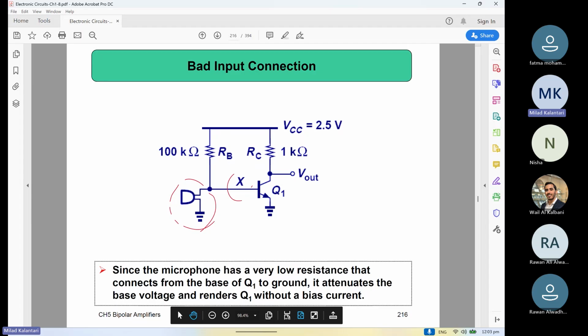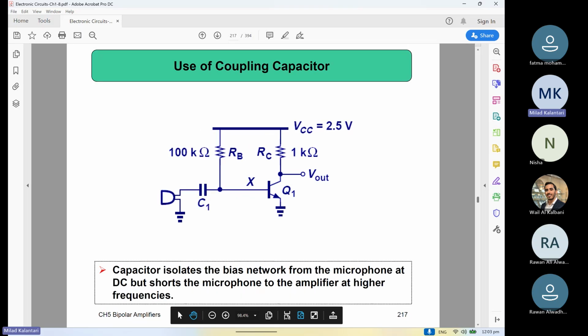It means that the microphone may draw some DC current. So in order to avoid that, it's better, for example, to add some capacitor to decouple the DC bias of this and not burn this microphone by biasing. And then for the AC, this cap is short, so it still can amplify the AC.